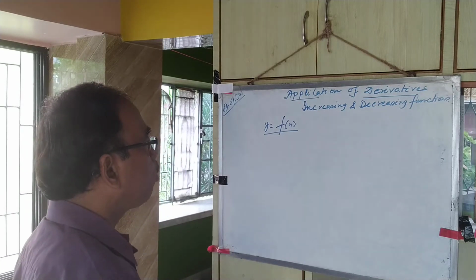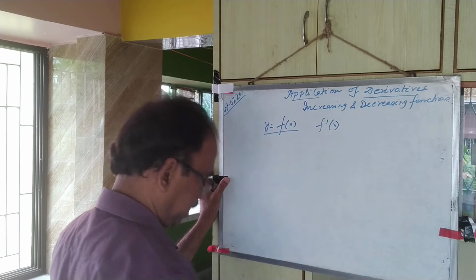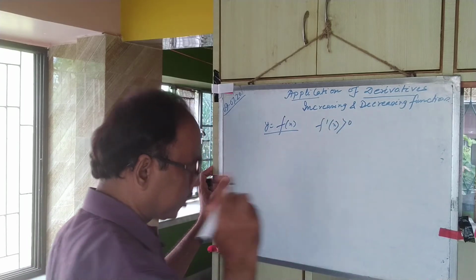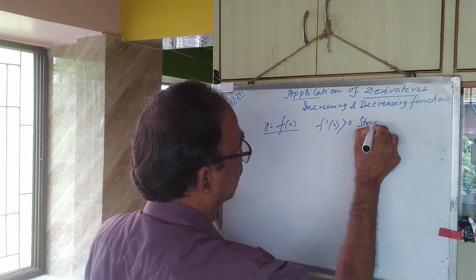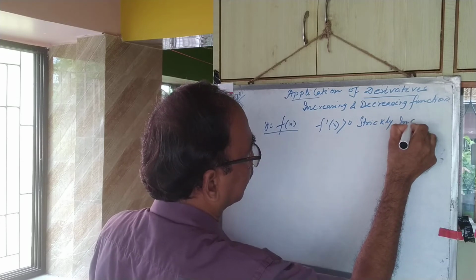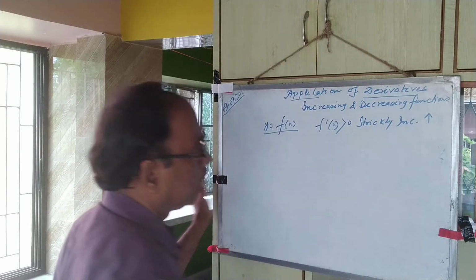There are 4 steps. First you have to find f dash x. If f dash x is greater than 0, it is strictly increasing, denoted by this symbol.